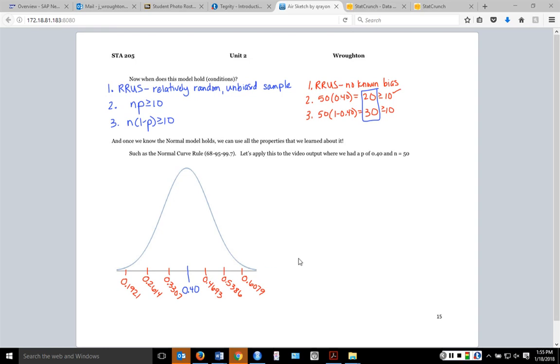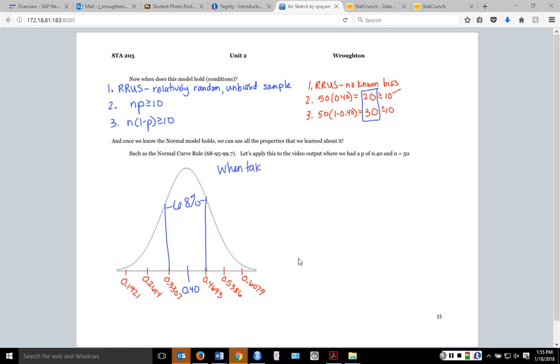So now I can use that normal curve rule, that 68, 95, 99.7 rule. What I know is that if I'm 1 standard deviation out, that's 68% of my data.